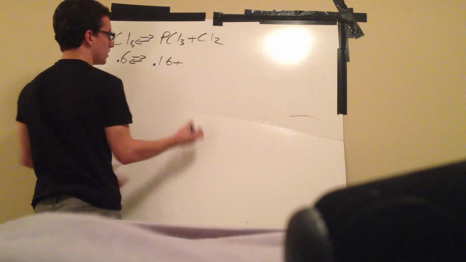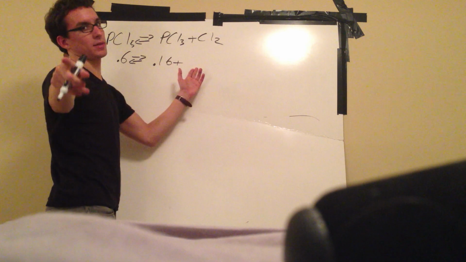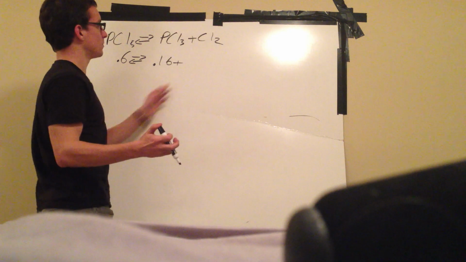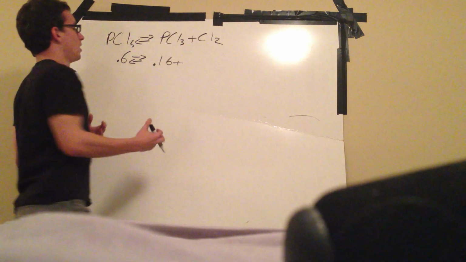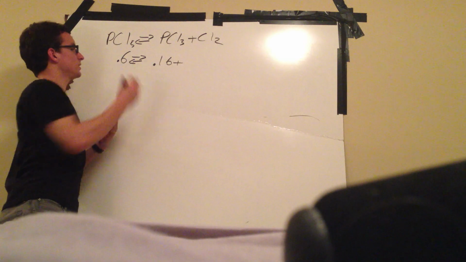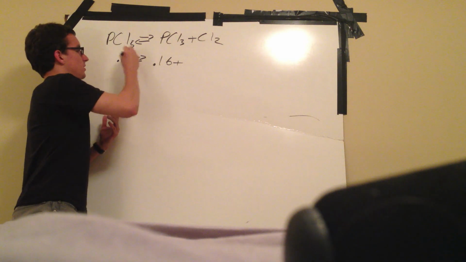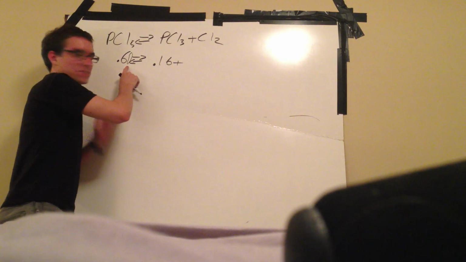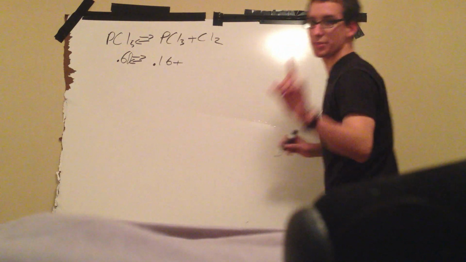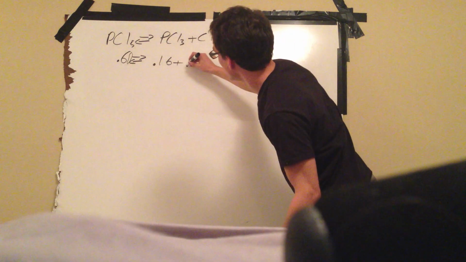PCl3 plus, alright, now this is where it gets complicated. How do we know how many moles of Cl2 there are? So, basically, I'm just going to put that 0 right here to make it easier. That's a 0. That's 0.60. Just keep it double digits, make things easier. So I'm going to draw it out, actually, and I'm just going to tell the answer and then explain. So Cl2 is also 0.16, so the same thing.